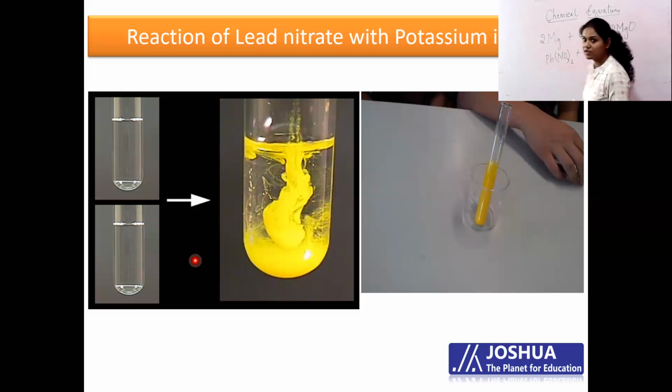What are the products obtained? Now I'll give you a hint here. This is a displacement reaction. So in displacement reaction, the ions will get exchanged. Now check out this. Here you have iodide as one ion. Here you have NO3 as another ion. I'll change the color so that it will be more prominent. Now what you have to do is, you just have to exchange these ions with each other.